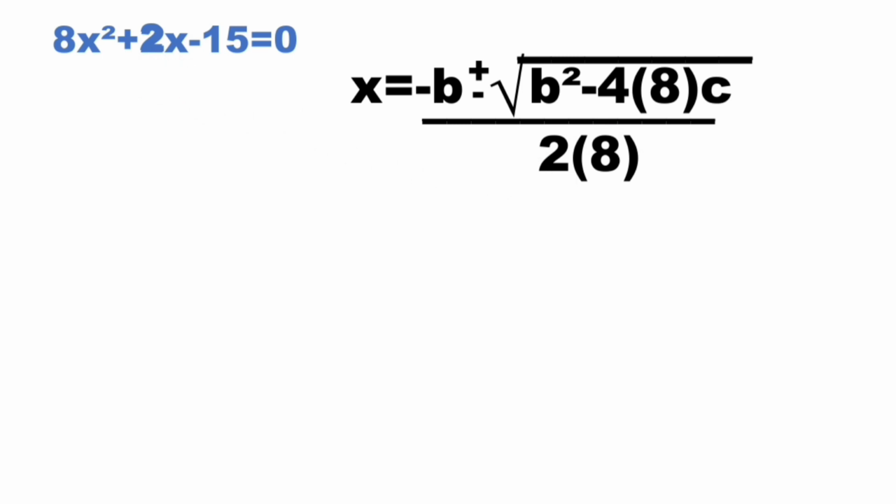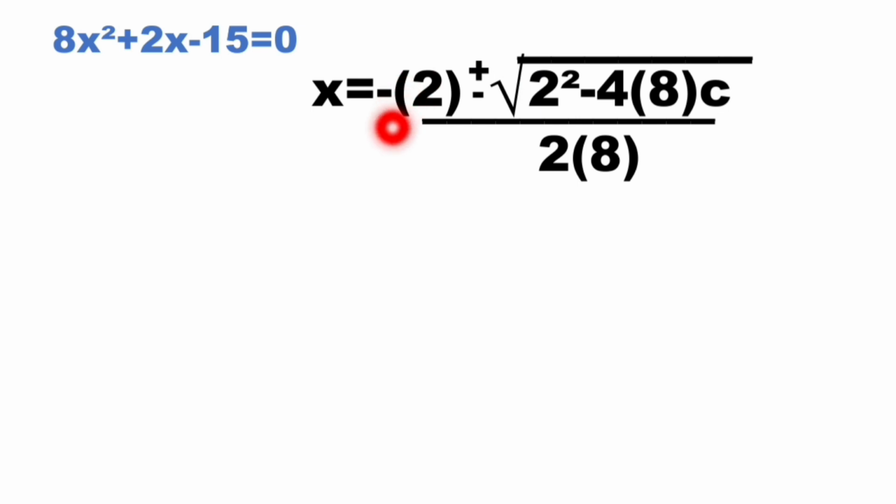Then we have here the 2. Let's substitute this to b. So we have negative 2 plus or minus the square root of 2 squared, the b, minus 4 times 8 times c, over 2 times 8, and negative 15 is our c, so substitute.